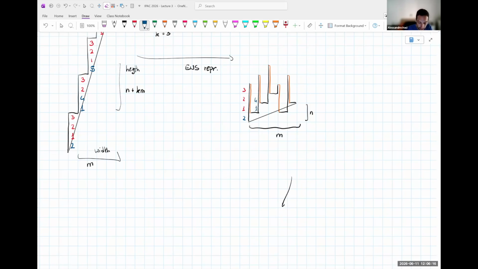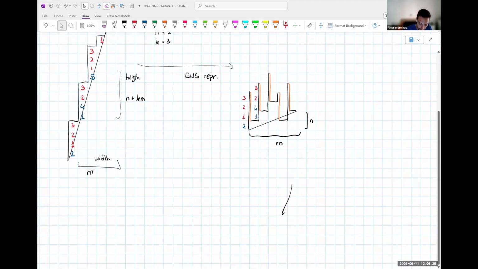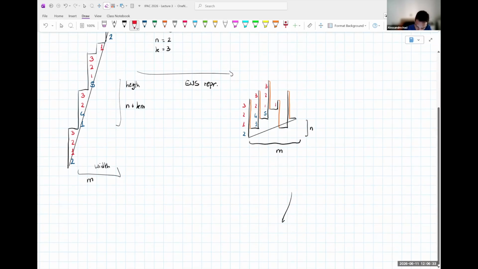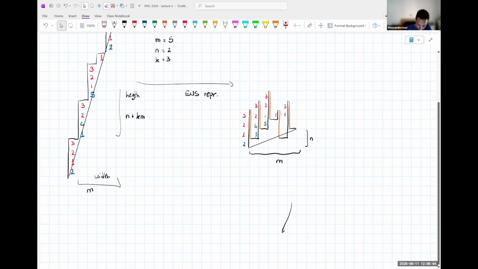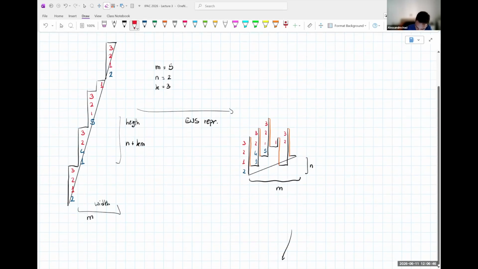I'll draw them on the right because there's not enough space on the left. This is the usual labeling of the north steps of the path: 3, 1, 1, 2, 3.